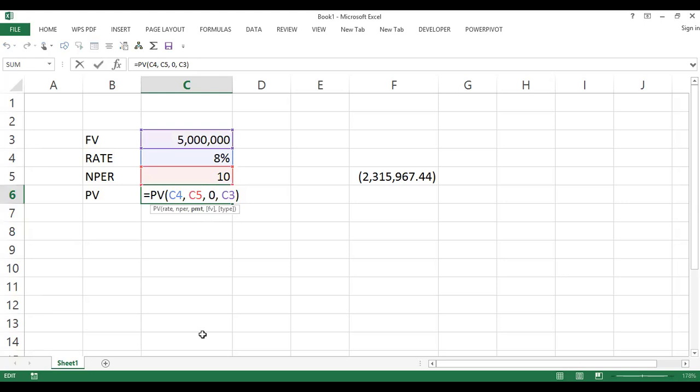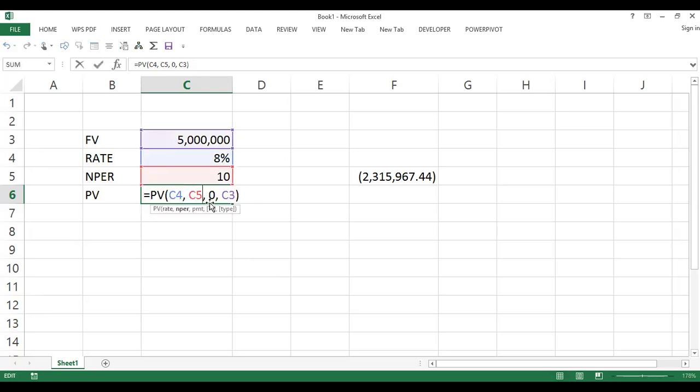It's clear. What about the type that is showing there? Yes, the type. What the type does is help you to state whether it's the end of the period or the beginning of the period that the interest is applied.